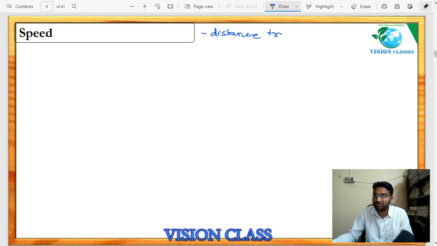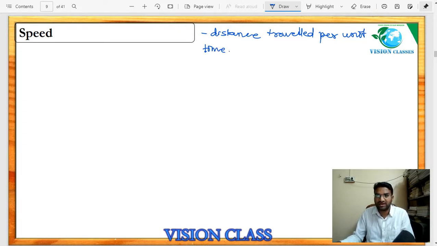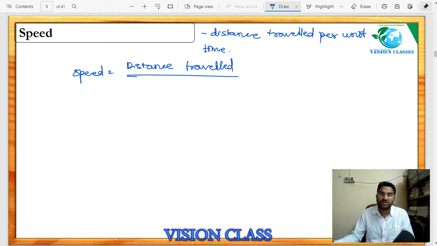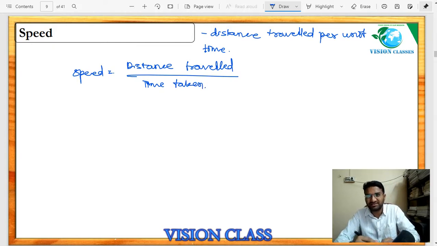Speed is equal to distance traveled over time taken. So here speed is just the distance traveled over the time taken.